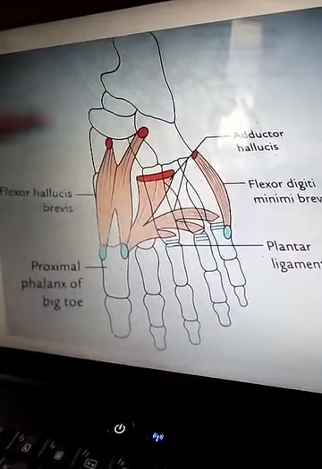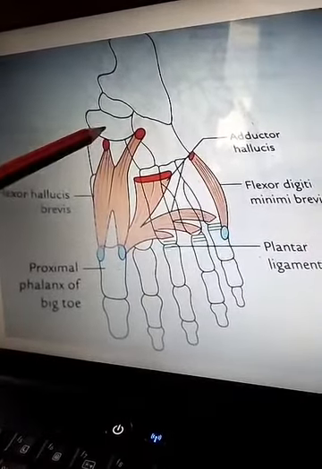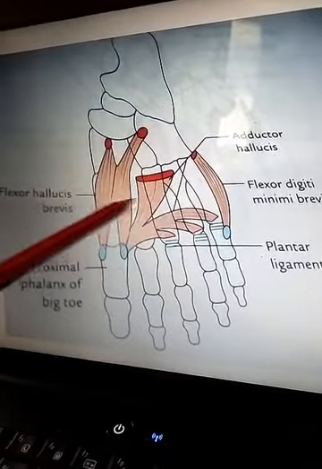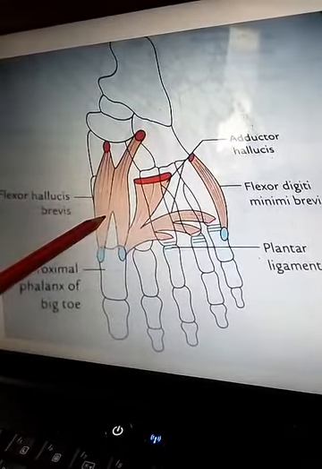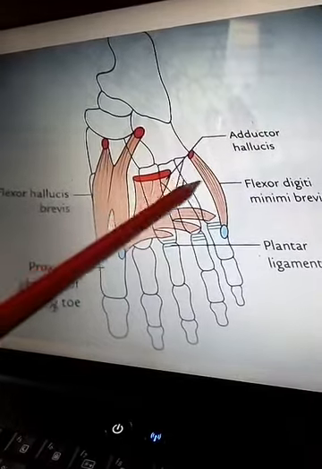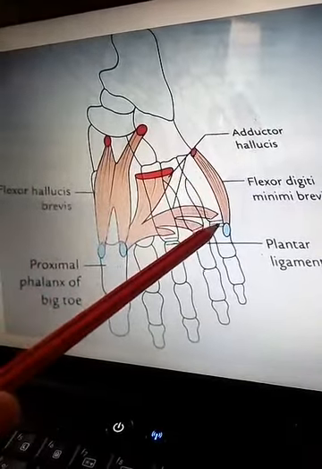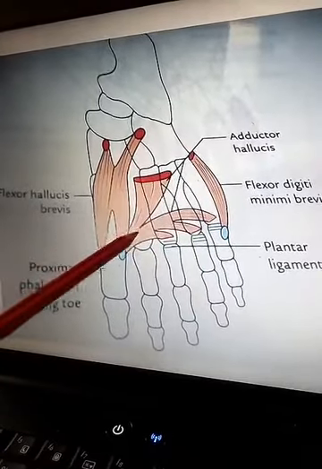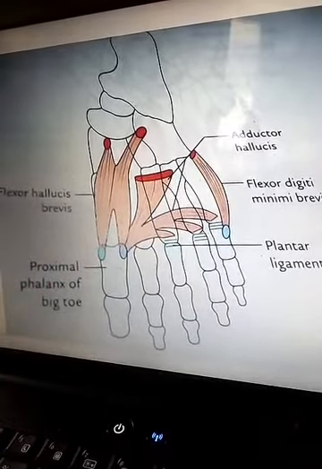Now the third layer of the sole consists of three muscles. These are the flexor hallucis brevis, flexor digiti minimi brevis, and adductor hallucis. These are the muscles of the third layer.